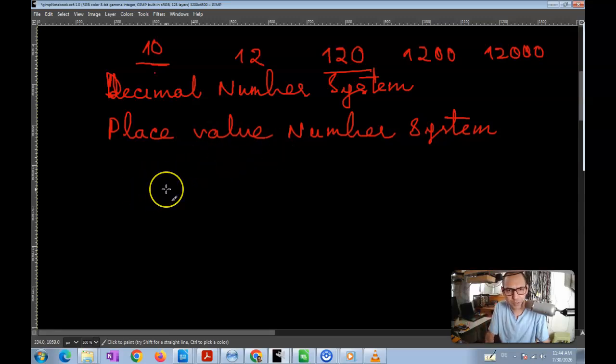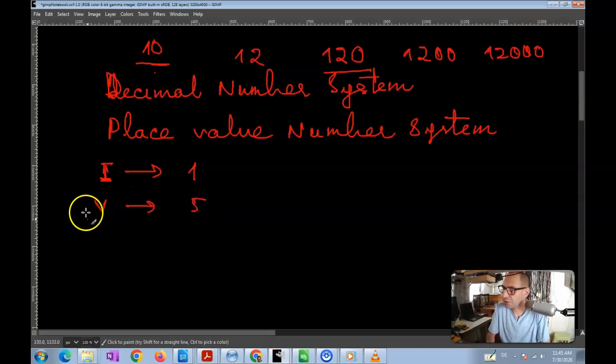In the Roman number system there are a couple of characters. This character stands for 1. Then you have this character, the value of which is 5. You have this character, the value of which is 10. You have this character, the value of which is 50, if I'm not mistaken.